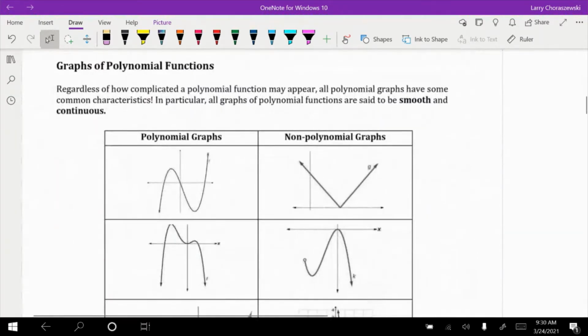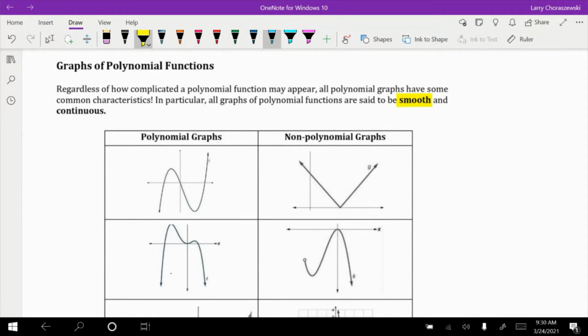Okay, so I want to help differentiate graphs that would represent graphs of polynomials versus graphs that would not. And there are two main features of the graphs of polynomial functions. One of them is that polynomial functions are smooth.